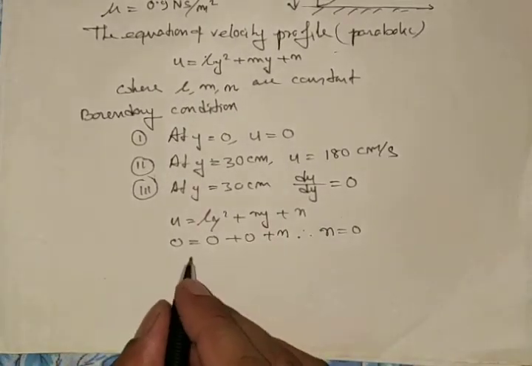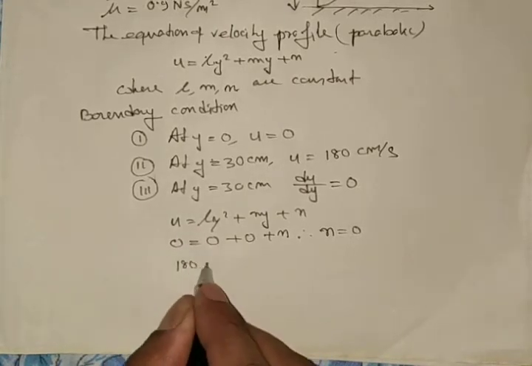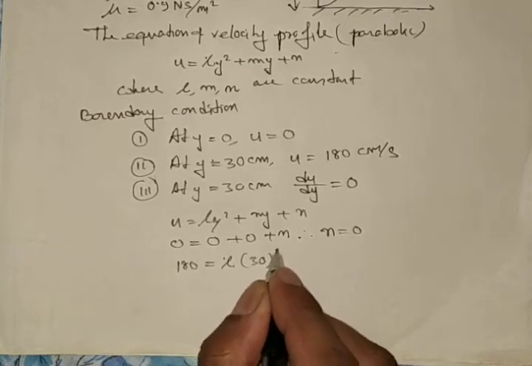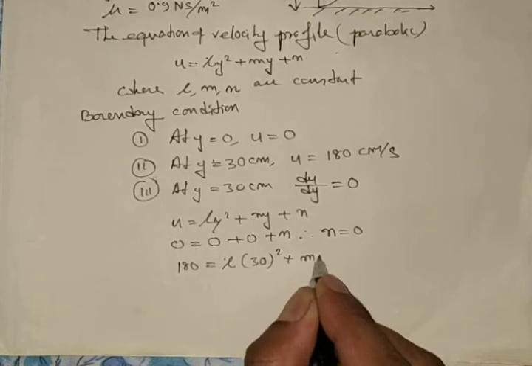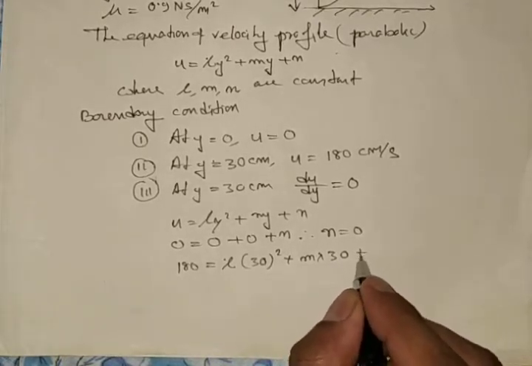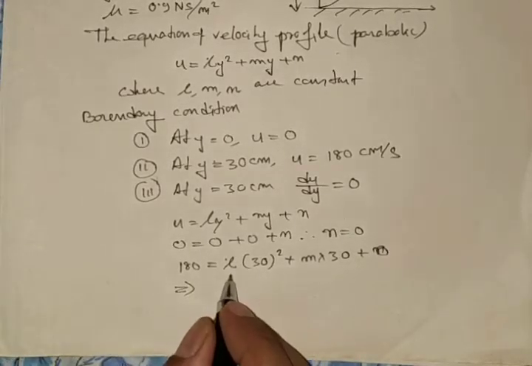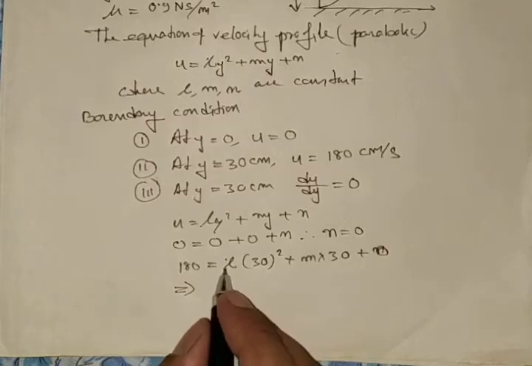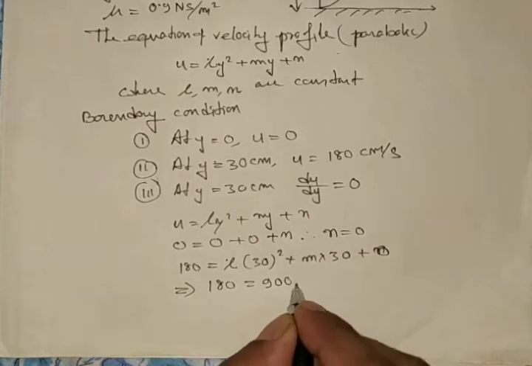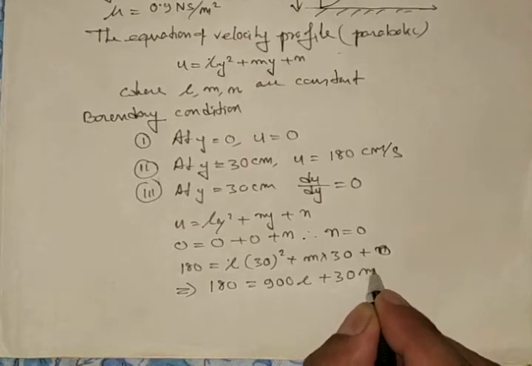Next, from the second, 180 is equal to L into 30 square plus m into 30, since n is equal to 0. So 180 is equal to 900 L plus 30 m.